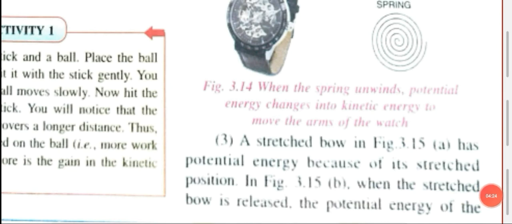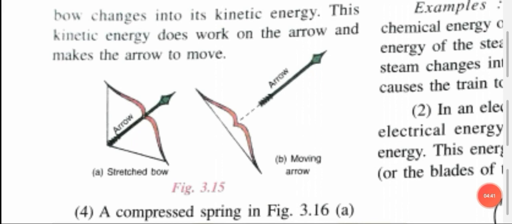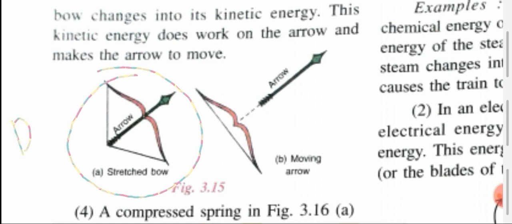Now the next example is a stretched bow. A stretched bow has potential energy because of its stretched position. In figure 3.15, we can observe this. Please observe figure 3.15. In its stretched position, the stretched bow and arrow got the potential energy.